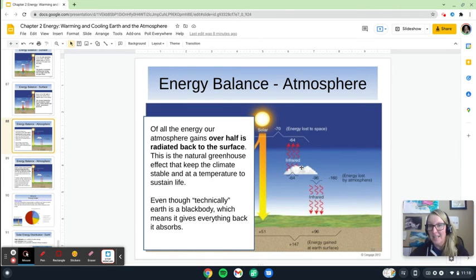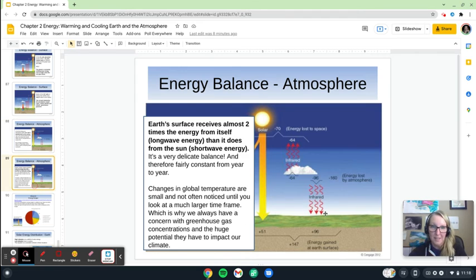Some of the energy that the atmosphere absorbs does get emitted out to space. That's about negative 67 units. So the take home is that the Earth's surface, because we know that our atmosphere is heated from the ground up, right? We need the surface to be warm to change the temperature of our air.